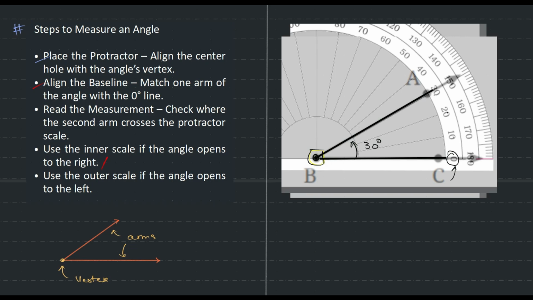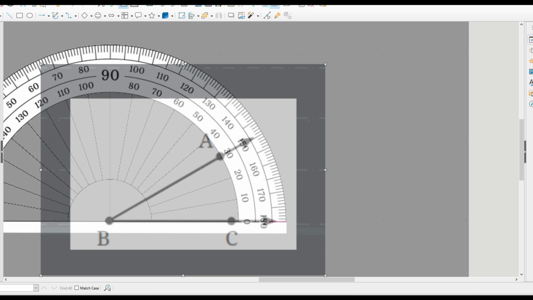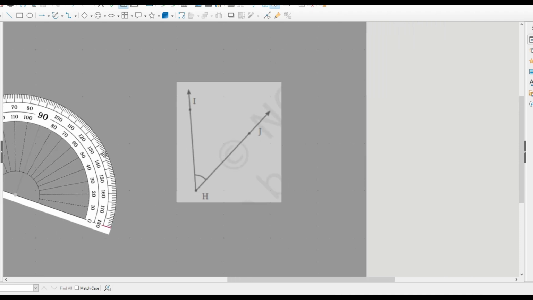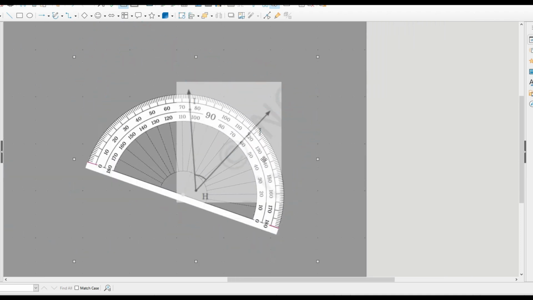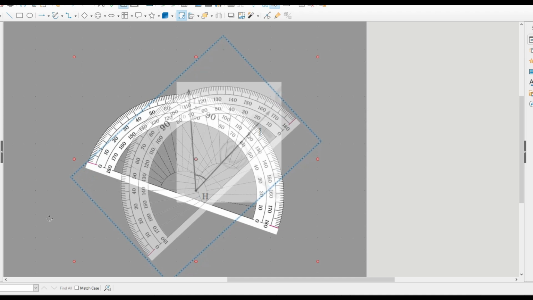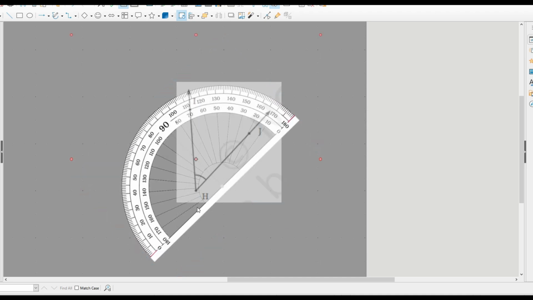So one more question. I would want to show another case as well. Here you can see that the angle is not exactly pointing towards the right. The opening is up. So here too, I need to align. I think this is good enough.